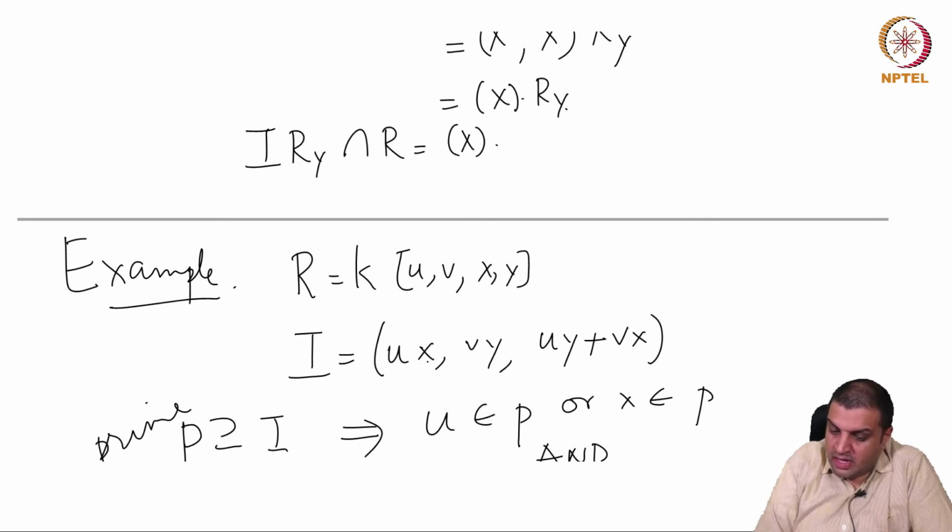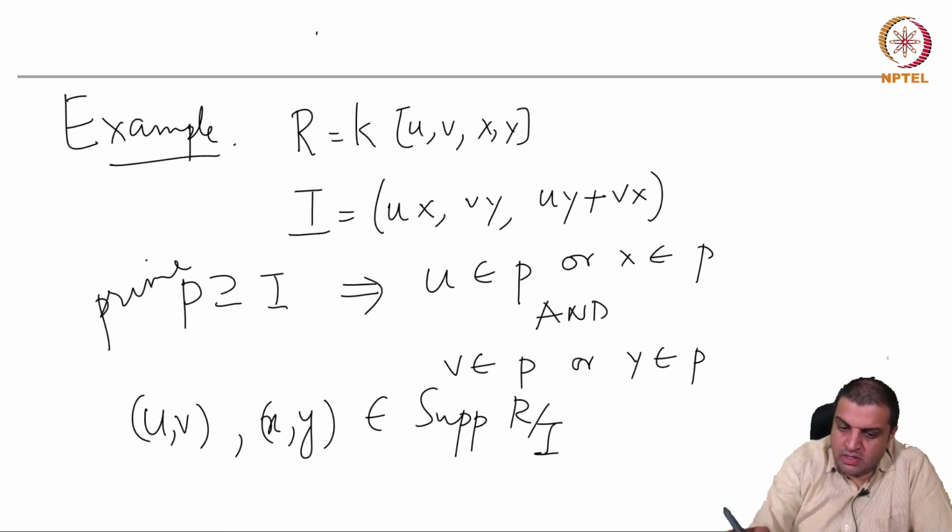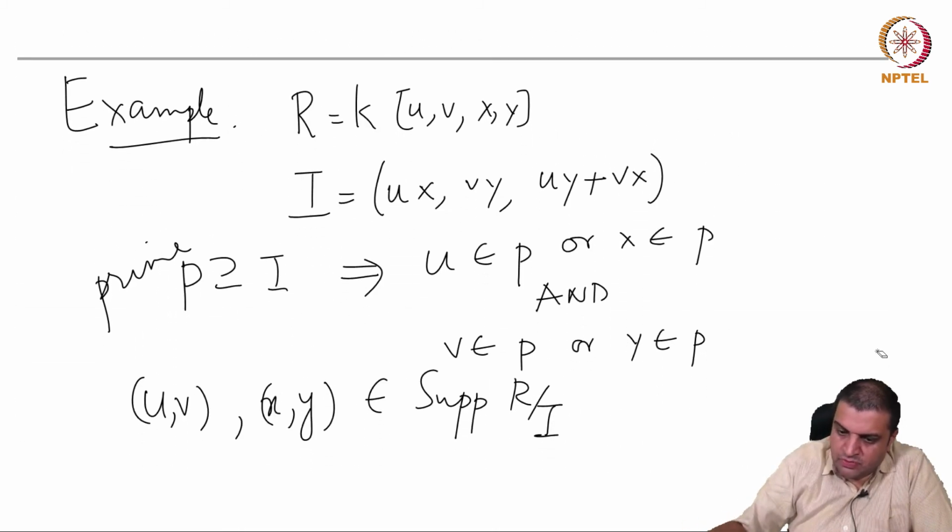And if you invert x, then it just becomes v and y. So if you invert u, then u gets killed, and if you invert y, v will get killed, and in R mod I, if you invert u, then x gets killed.